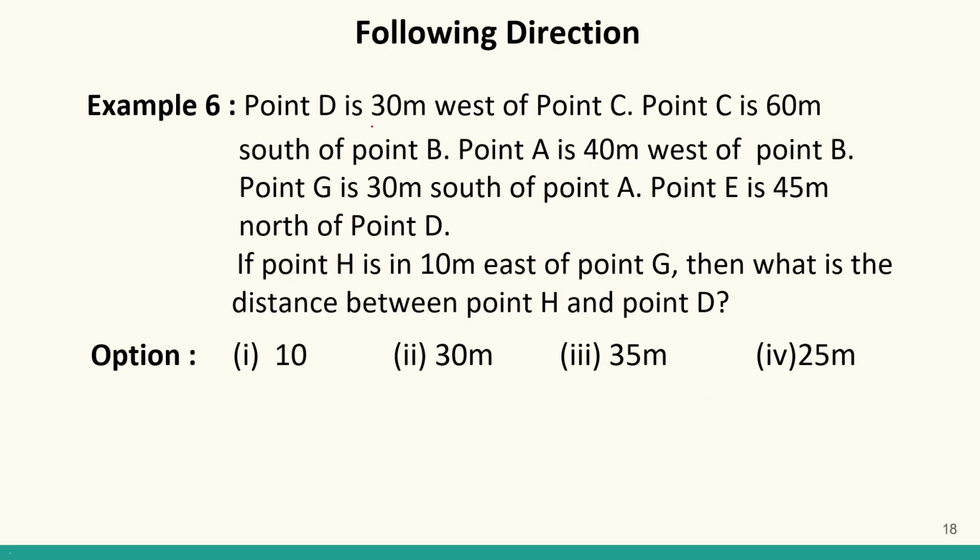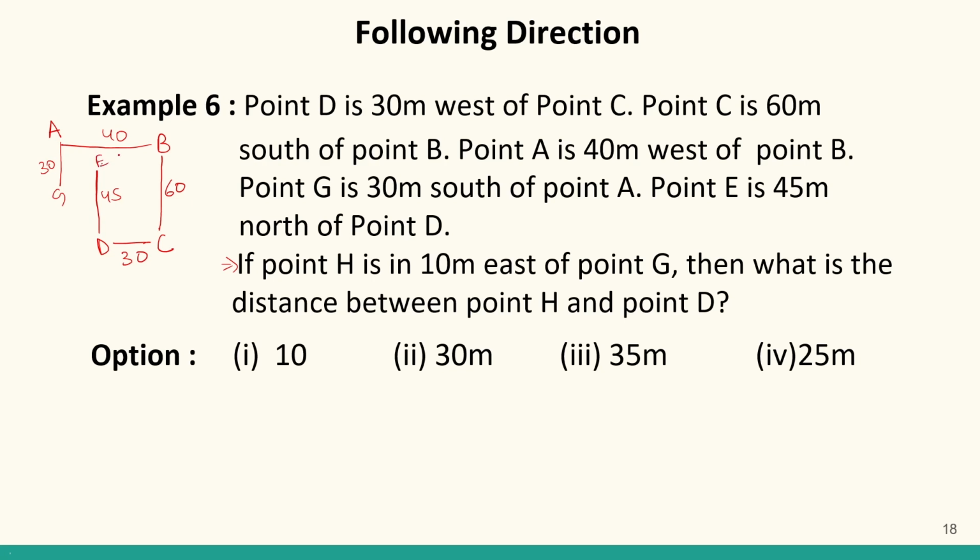Now, again, the same information, a different question. So let me draw. Point D is 30 meter to the west of point C. C is 60 meter to the south of point B. A is 40 meter to the west of point B, and G is 30 meter to the south here, and this is 45 meter.